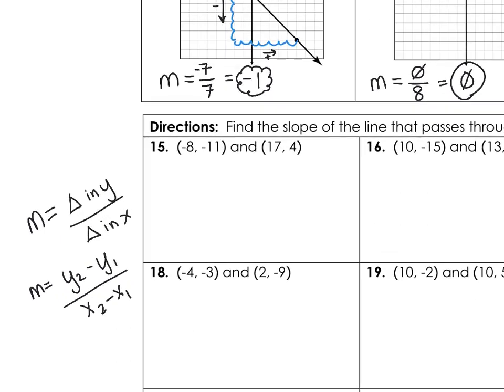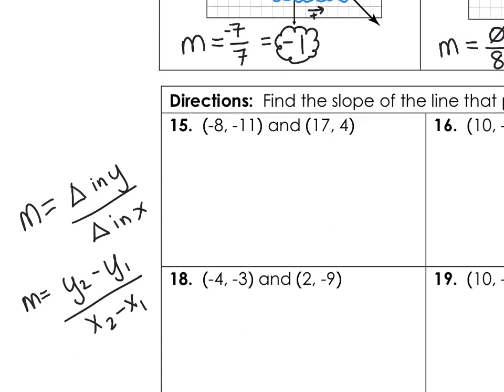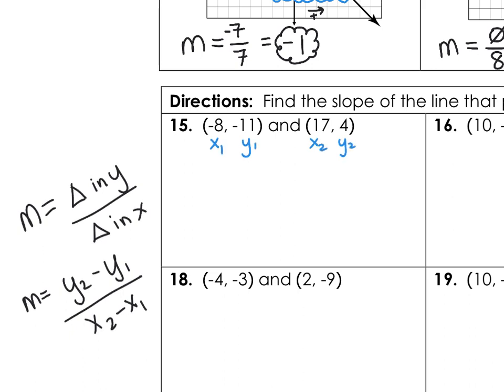So the first step you want to do is you want to label. Okay, I'm going to do x, y, x, y. I'm just going to make this one the first and this one the second. Okay, then I'm going to plug in. So I'm going to go ahead and write it in, just like the formula.